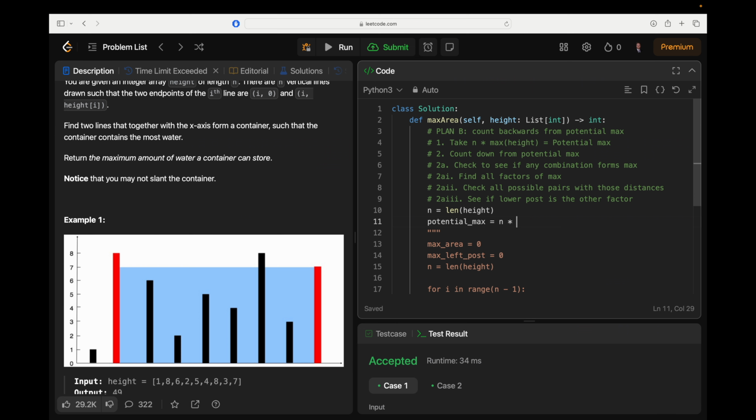All potential max, meaning that we're just going to count down that potential max.